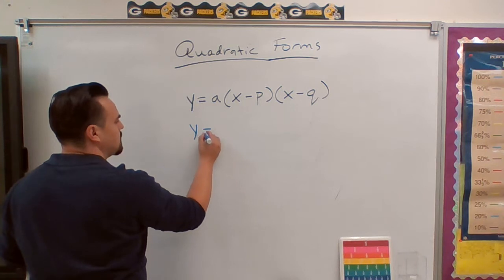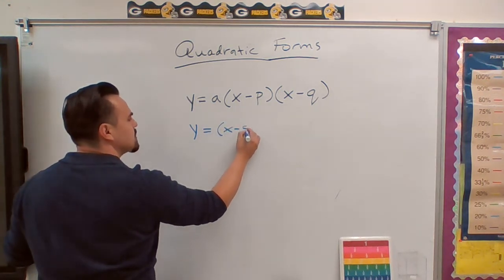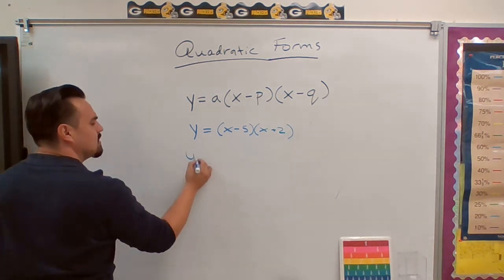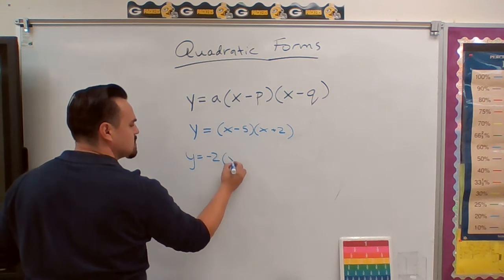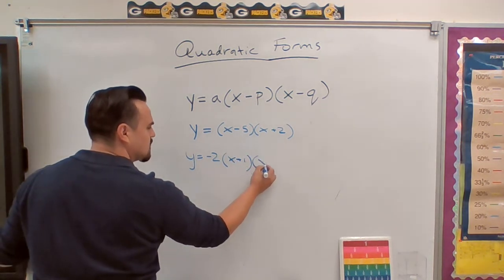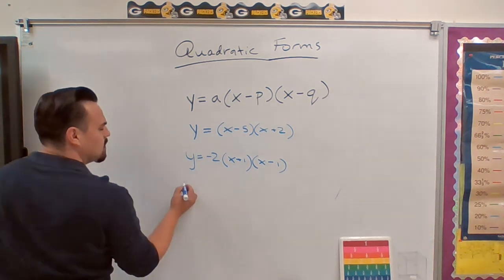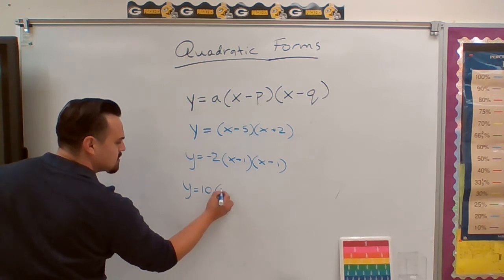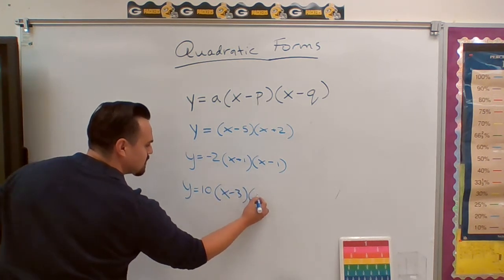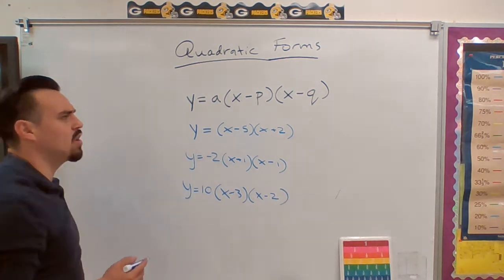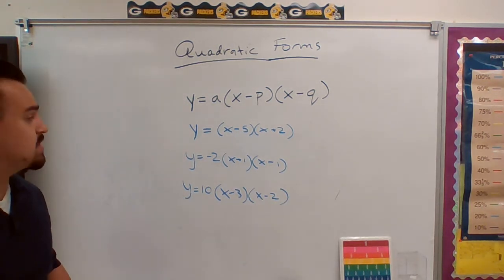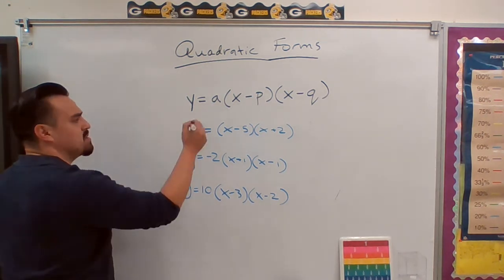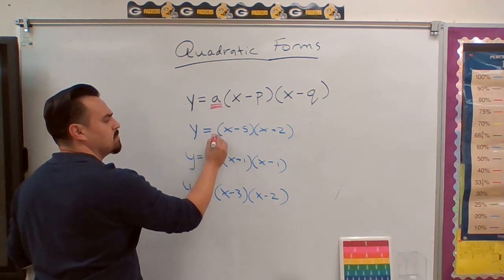An example might be y is equal to x minus 5, x plus 2, or y is equal to negative 2 times x plus 1 times x minus 1, or y is equal to 10 times x minus 3, x minus 2. In all of these examples, our a communicates the same thing it would have in standard form.